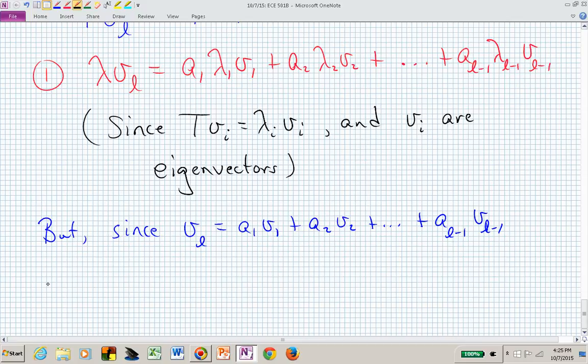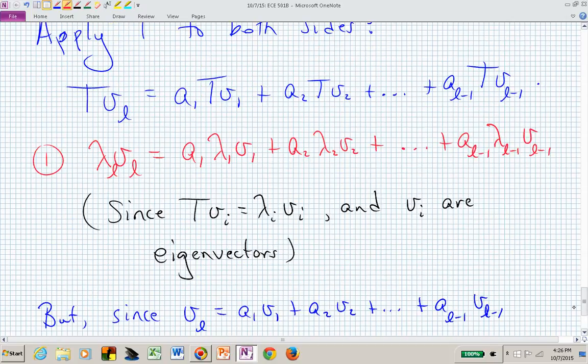Now the second equation that I really want is, let me now multiply both sides by lambda sub L. Whoops, you guys should have slowed me down. This should be lambda sub L v sub L, right? In equation 1 on the left, that was T v sub L, so that should correspond to or be in the direction of v sub L, but with a scalar of lambda sub L.